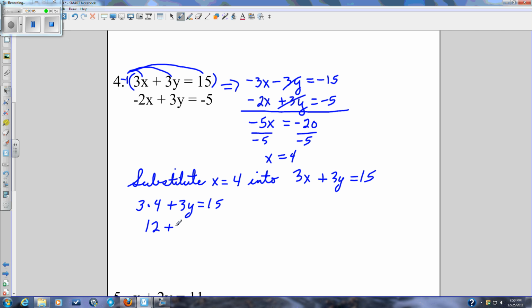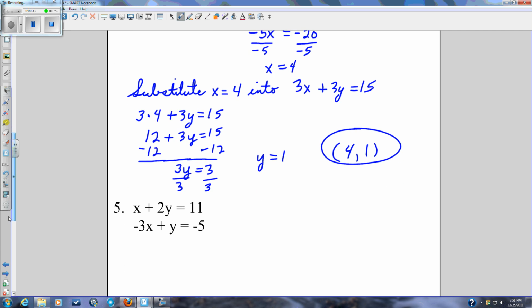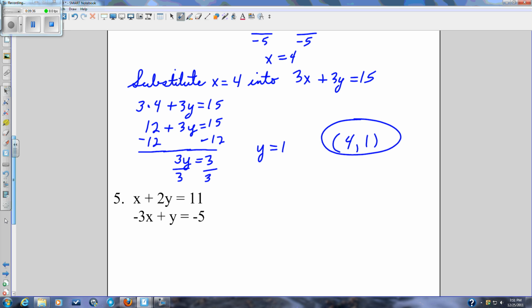So we have 12 plus 3y equals 15. Subtract 12 from each side. So we have 3y equals 3. Divide each side by 3. And y equals 1. So we have 4, 1 for our ordered pair, and I would like you to check that to verify the results.